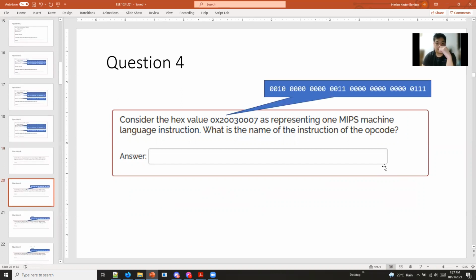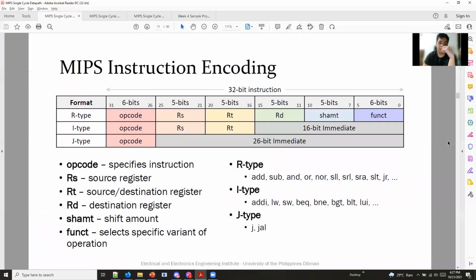Of course, convert muna natin siya into binary para makita natin yung specific na bits. So si 2 ay 0010, and then dalawang groups of zeros before yung 3 na 0011, and then puro zeros hanggang 7, so 0111.